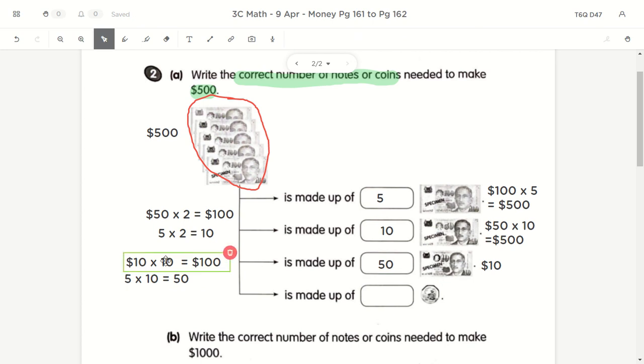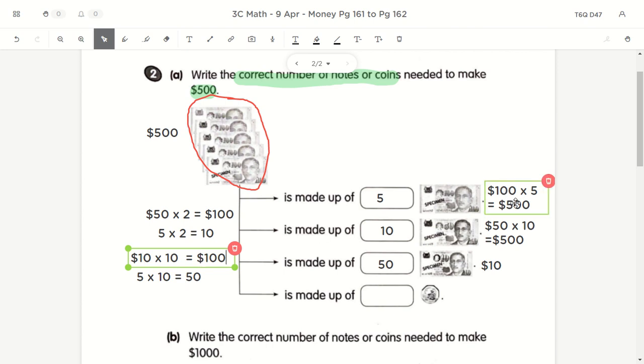Alright, so let's look at this again in case you're not very clear what I'm doing here. So once again, you go back to the value of 100. How many $10 notes do I need to make 100? I need 10 $10 notes to make 100. How many 100 are there in 500? There are 5 groups of 100. So I use 5 groups of 100, and in each group there are 10 $10 notes.